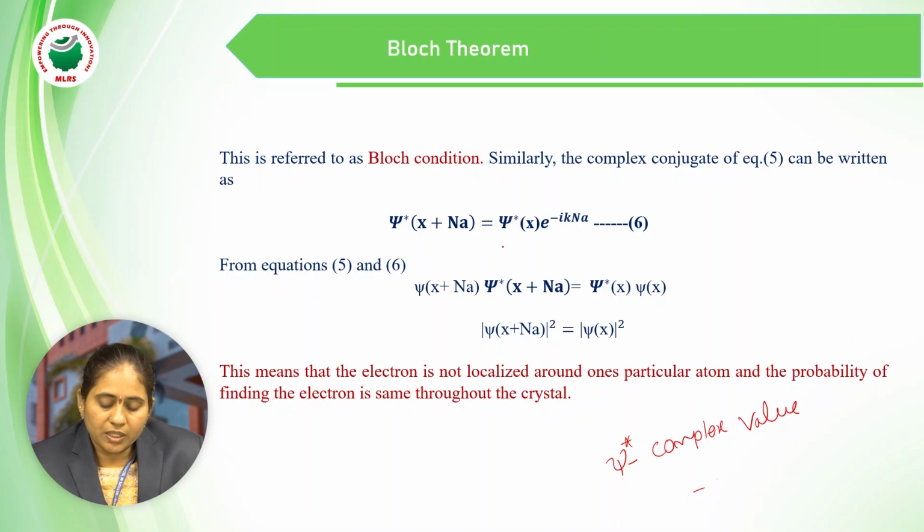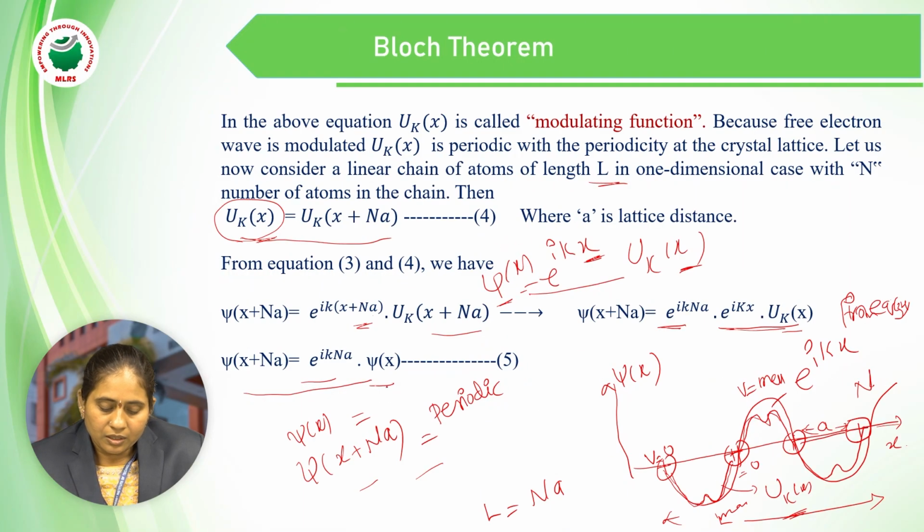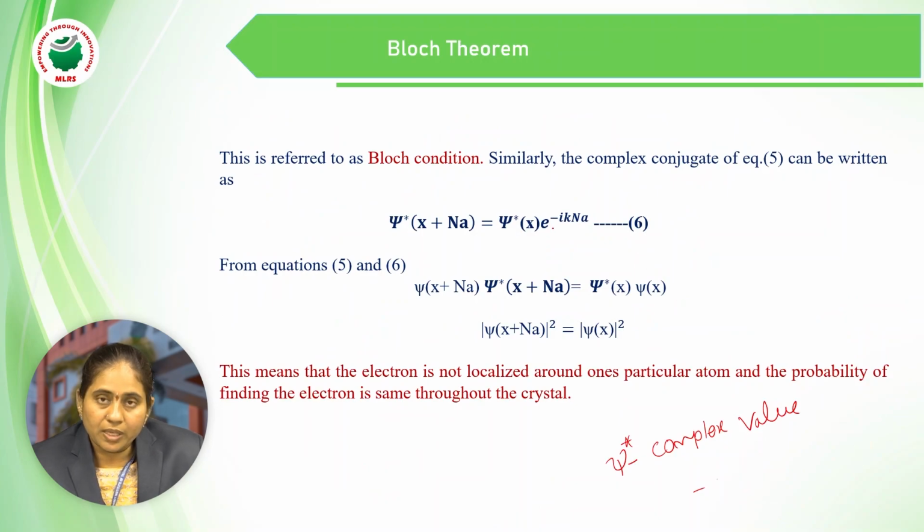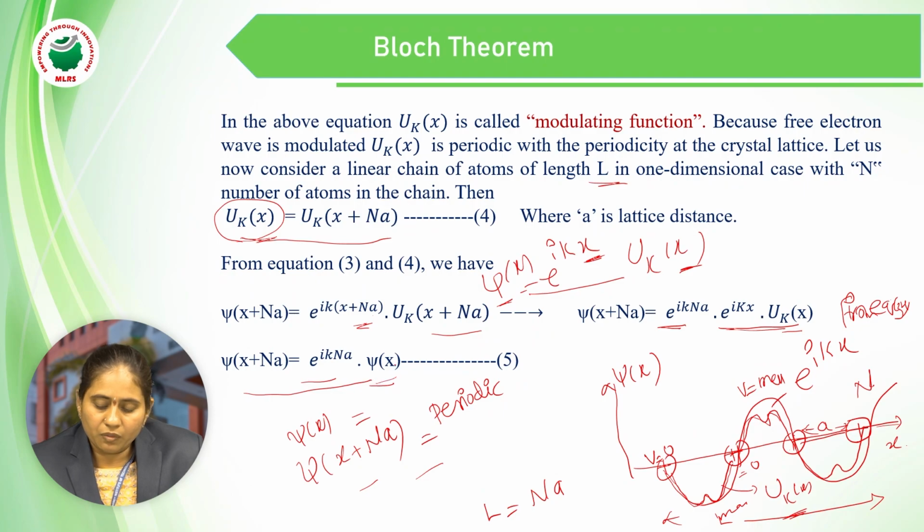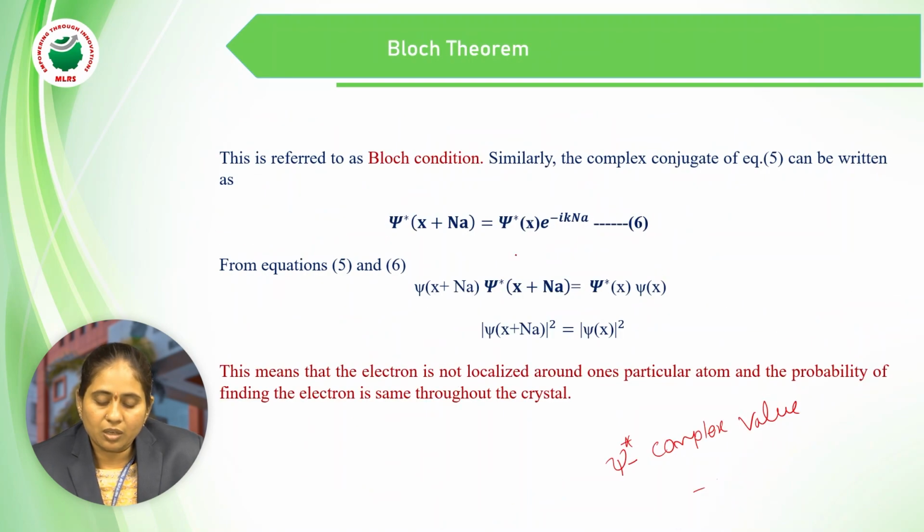Psi star of x plus na can be written, in place of i we write minus i, so e power minus ikna into psi star of x.